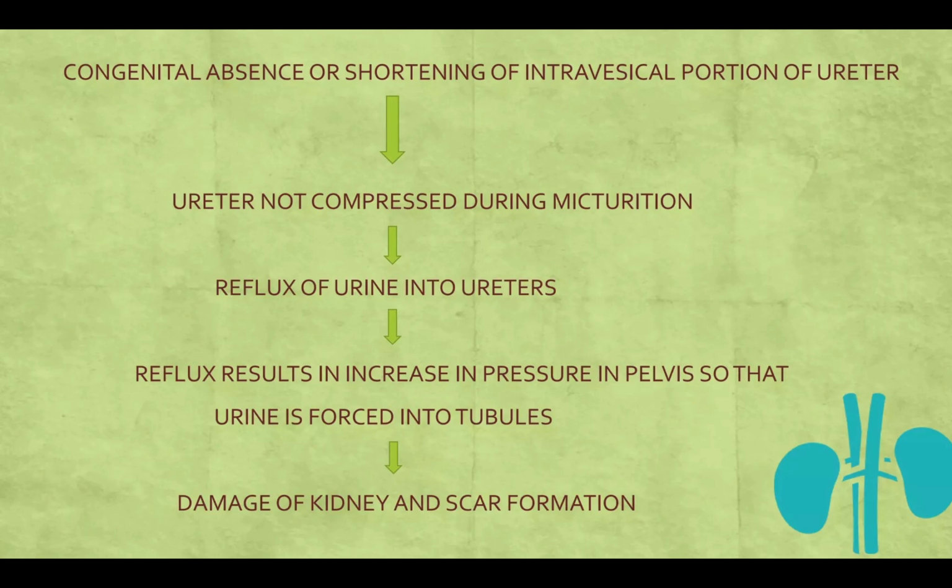After the congenital absence or shortening of the intravesical portion of the ureter, it is not compressed during micturition, hence the reflux of urine into the ureters. Reflux results in an increase in the pressure in the pelvis so that the urine is forced into the tubules. Hence, this forceful urine damages the kidney and leads to the formation of scars.